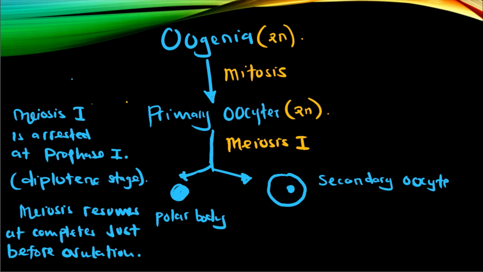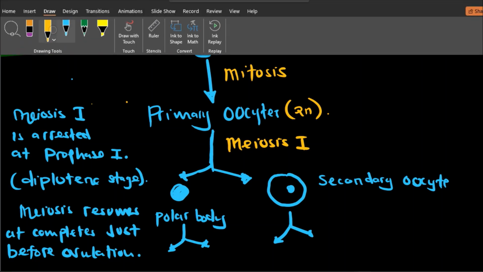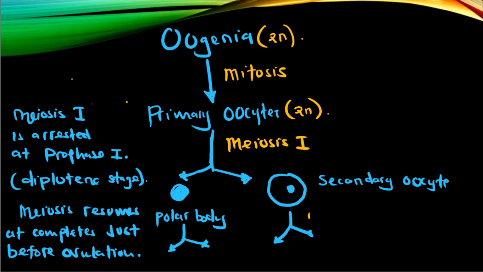This secondary oocyte and the polar body are going to enter meiosis 2. Even this polar body will enter meiosis 2. Now, when the secondary oocyte enters meiosis 2, it will be arrested at metaphase 2.